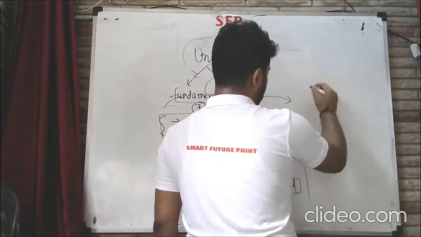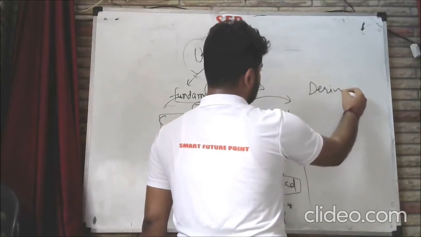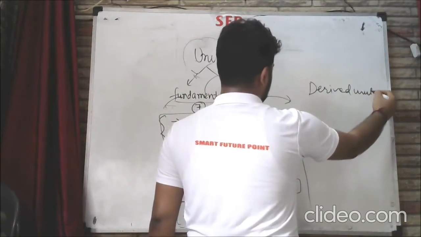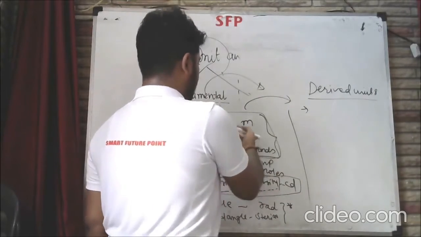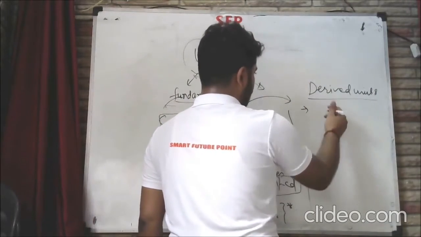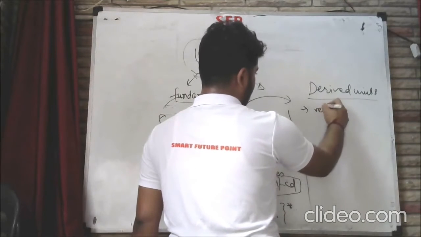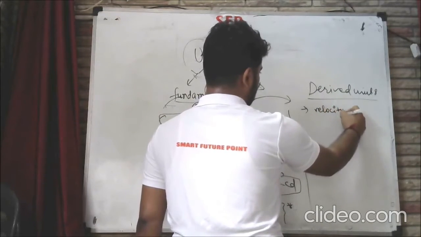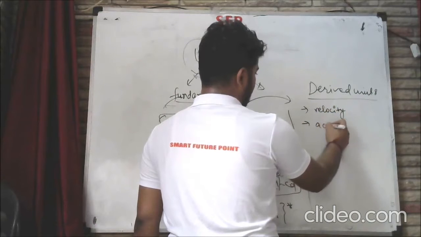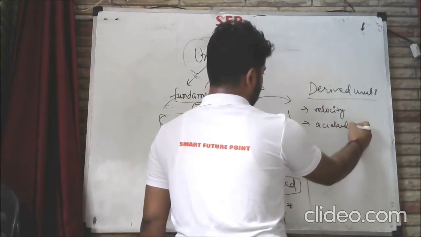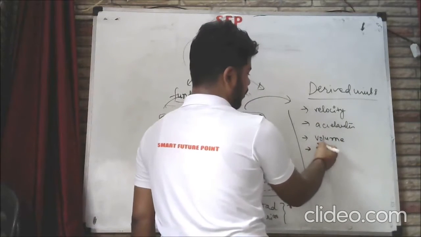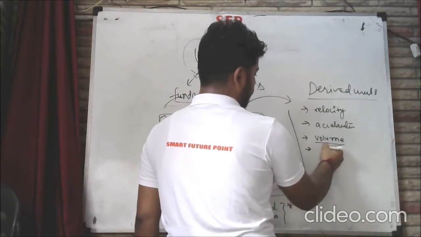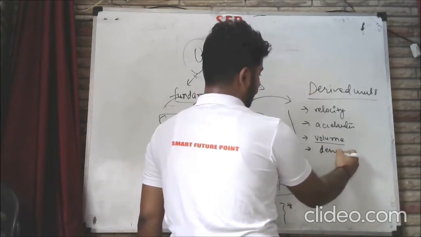Now let's talk about derived units. Derived units are all measured from these. For example, I have to define velocity, what is the unit of velocity? Acceleration, what is the unit of acceleration? Suppose I have to define volume, density.